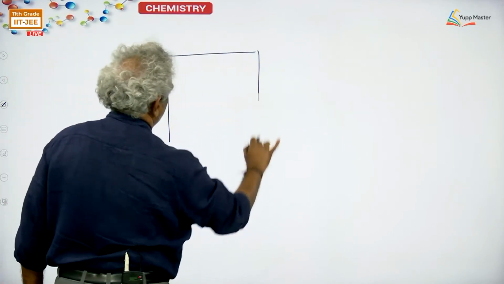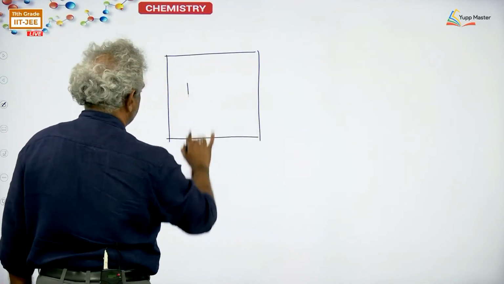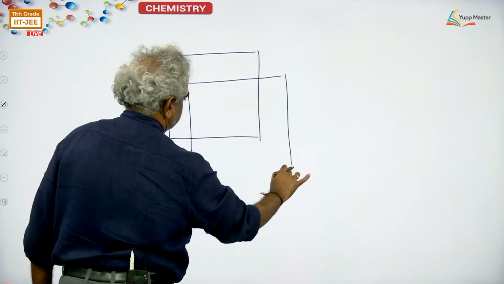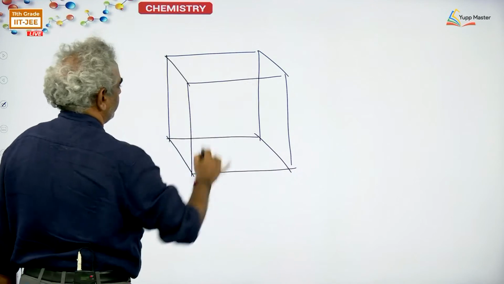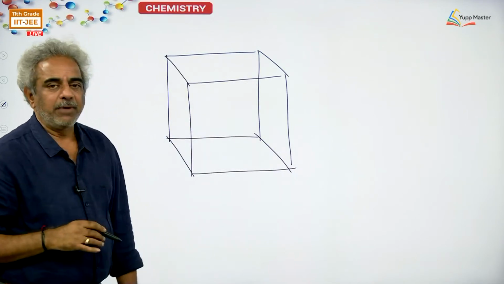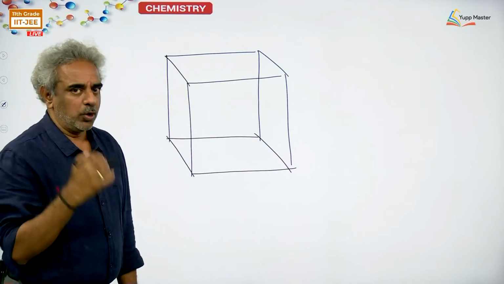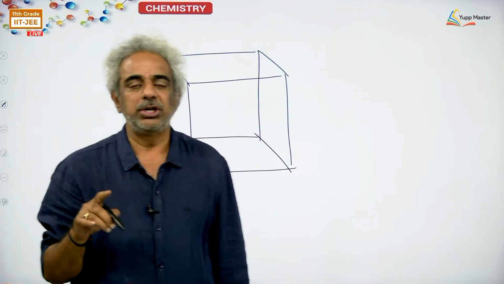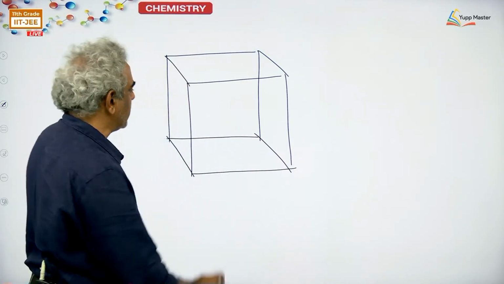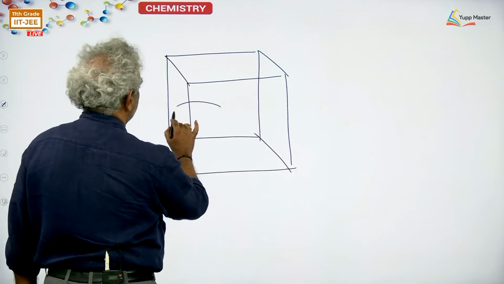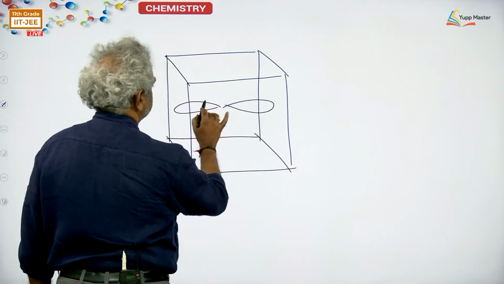So we'll draw a cube so that we can clearly understand the 3 p orbitals. See, px, py, pz. There will be 3 orientations with -1, 0, +1 magnetic quantum number values. So px is oriented towards this face and this face.